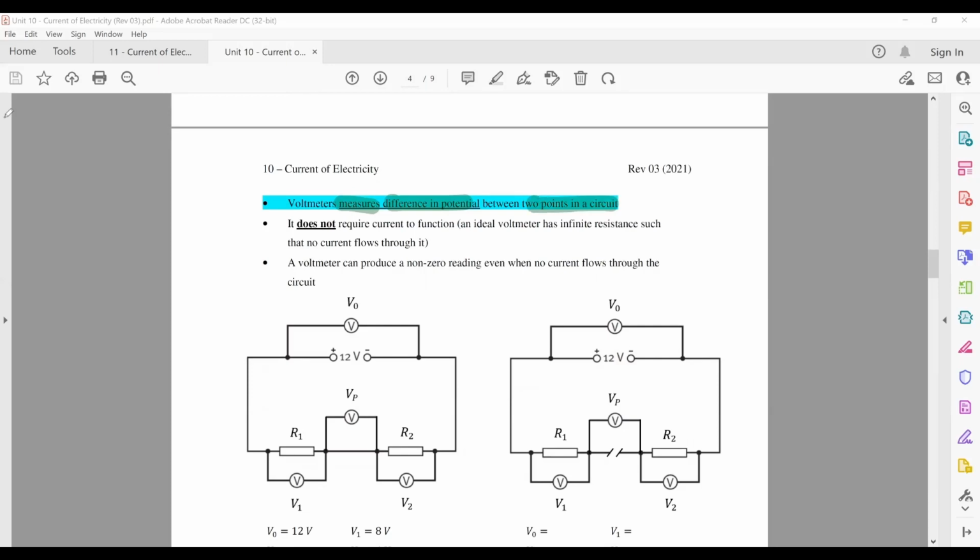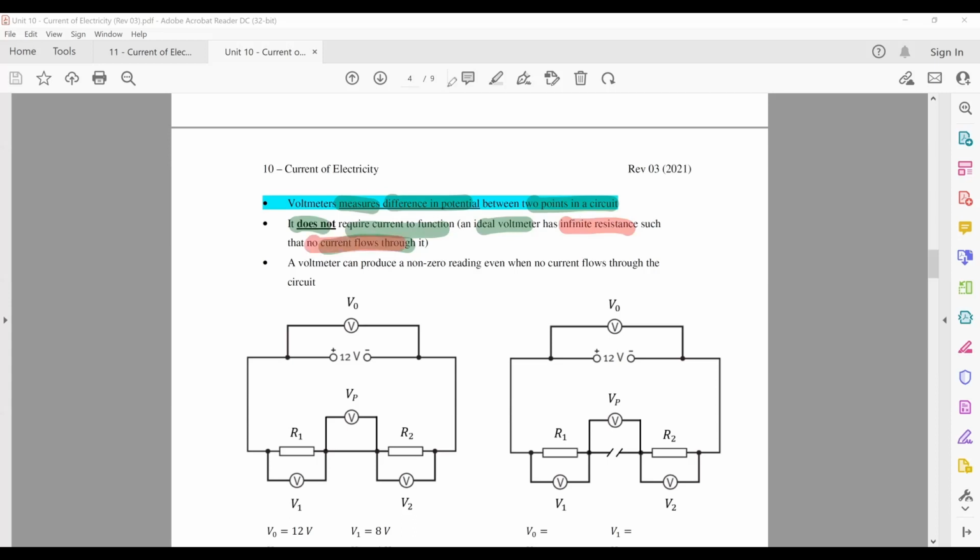Voltmeters by themselves do not require a current to function. A voltmeter usually does not have current through it. An ideal voltmeter is supposed to have infinite resistance so that no current flows through it.